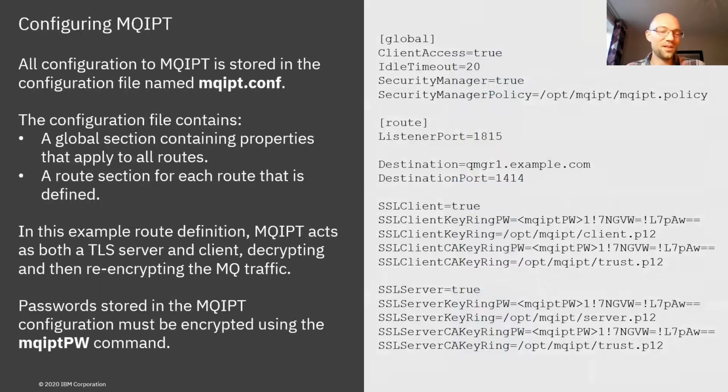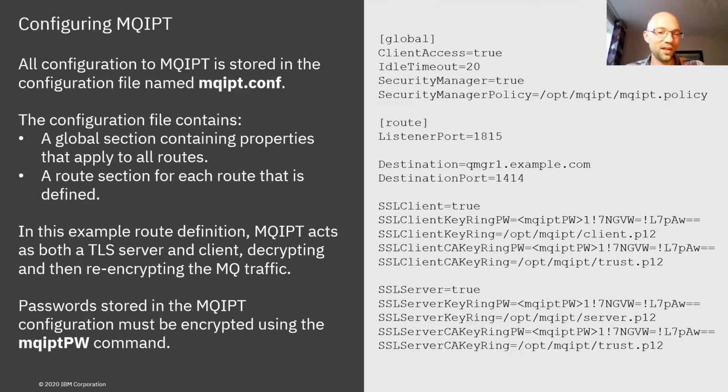So let's look quite briefly actually at how you would configure MQIPT. I've already had an example fairly early on of what an MQIPT route is. You can have, by the way, several routes on an MQIPT instance, so it can be listening on several different TCP ports for connections that come into it, and each one will have a certain destination associated with it in the MQIPT configuration.